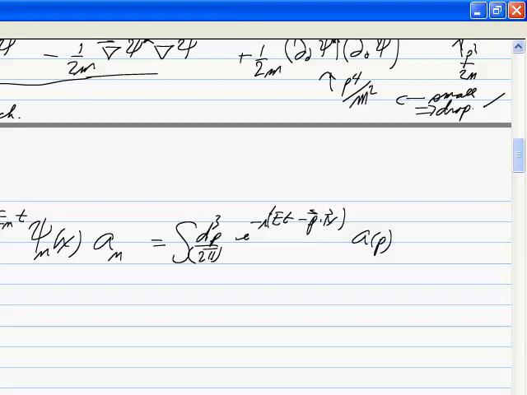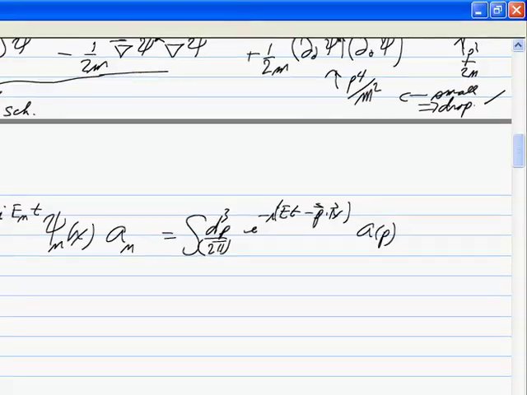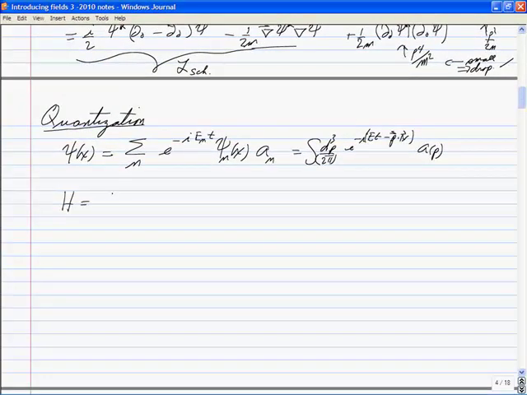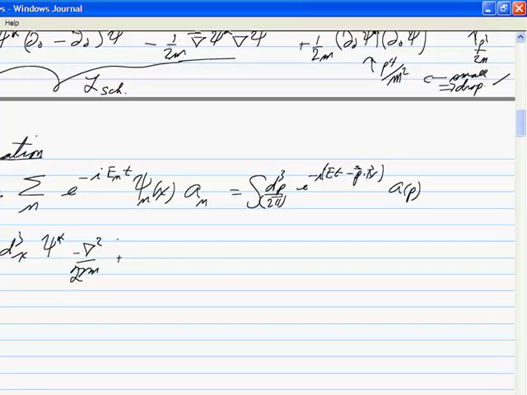If you just do this and you plug into the Hamiltonian, remember, it is the integral d3x psi star minus del squared over 2m, you know, maybe plus, let me put squiggle brackets plus V, if you want that, all this is the same, psi.